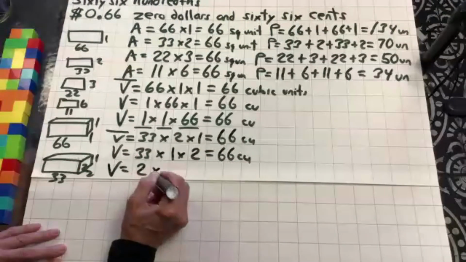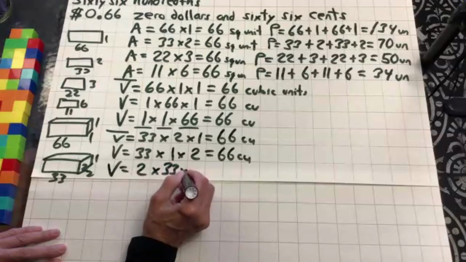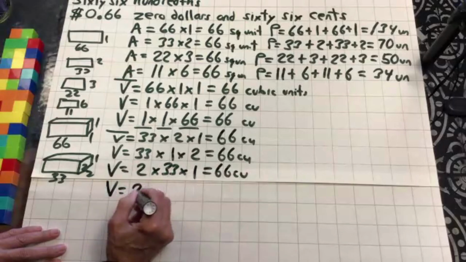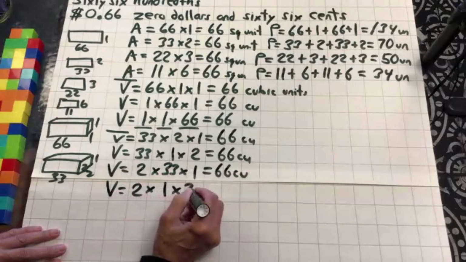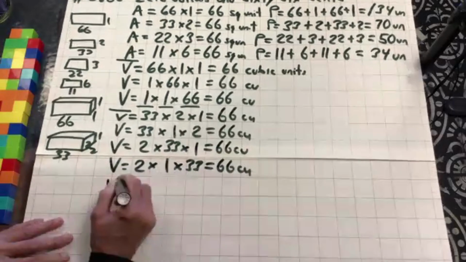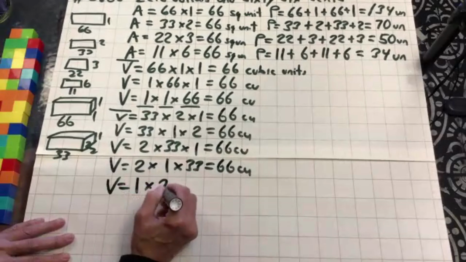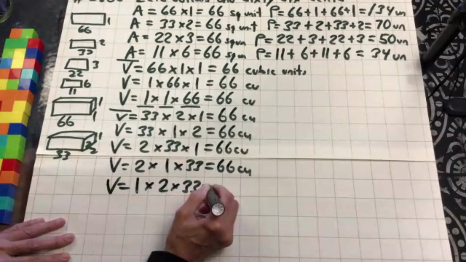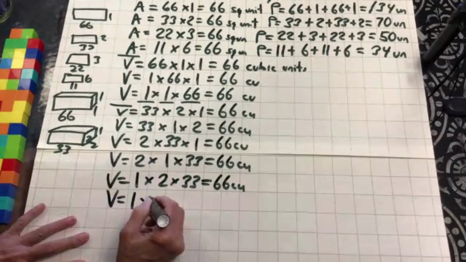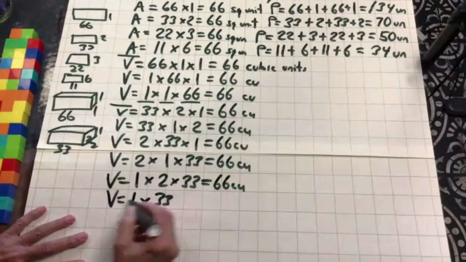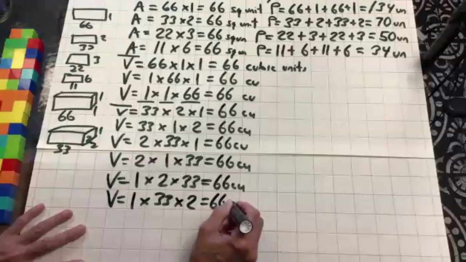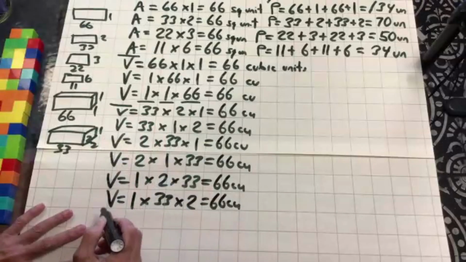Or we could have a 2 wide by 33 deep by 1 tall. Or we could do a 2 wide by 1 deep by 33 tall. Or we could do a 1 wide by 2 deep by 33 tall. Or we can do a 1 wide by 33 deep by 2 tall. Creating 1, 2, 3, 4, 5, 6.